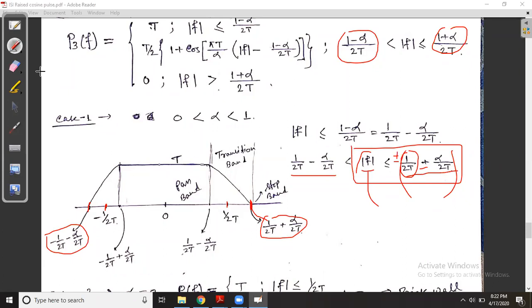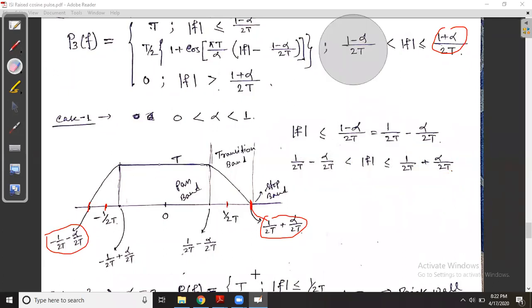You can see that this point is more than 1 by 2T, and this point is also more than 1 by 2T of alpha. This I got.